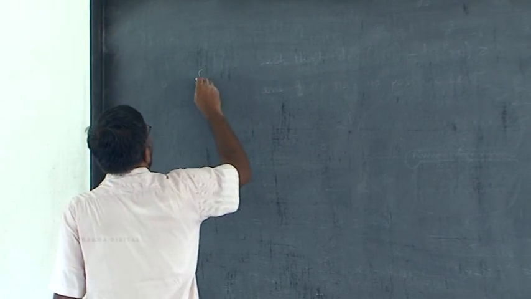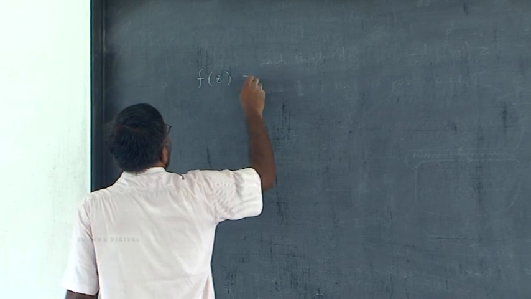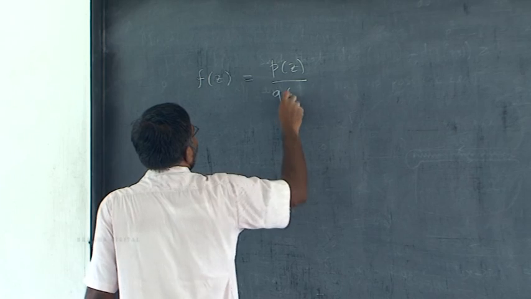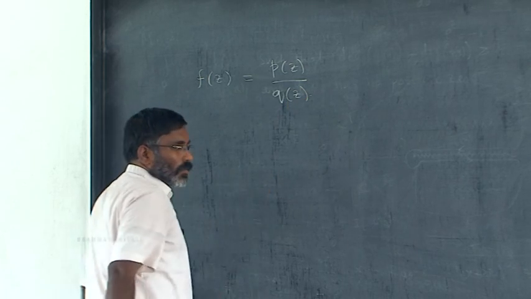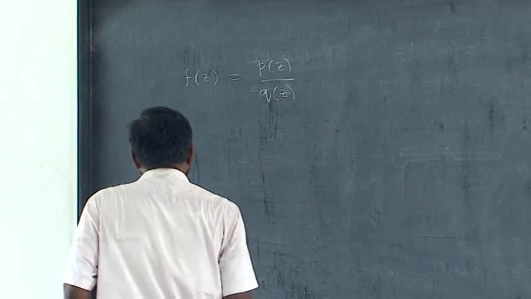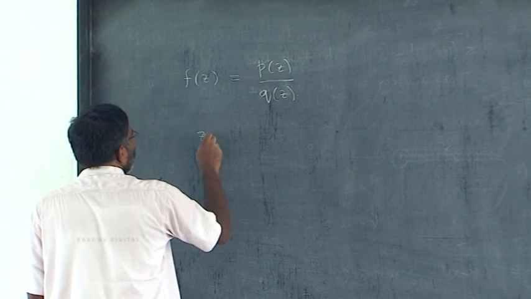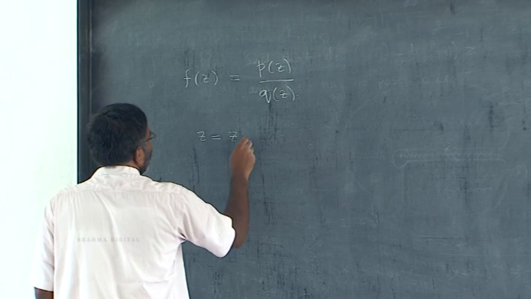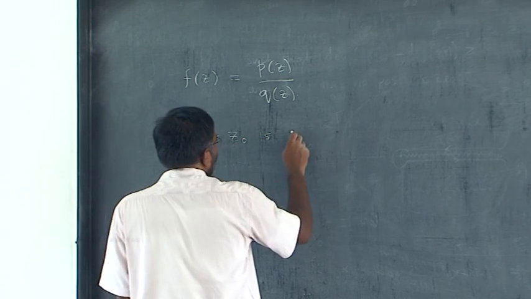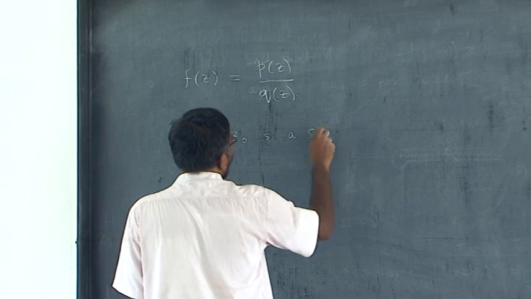So let f of z be equal to p of z divided by q of z, some rational function, and let's say z equal to z naught is a simple pole.